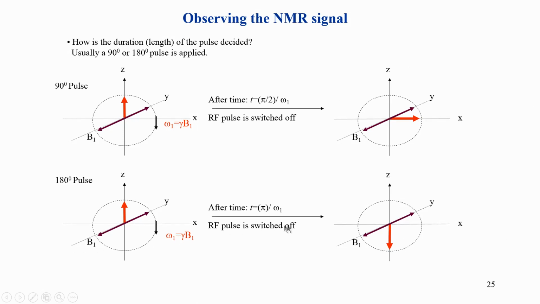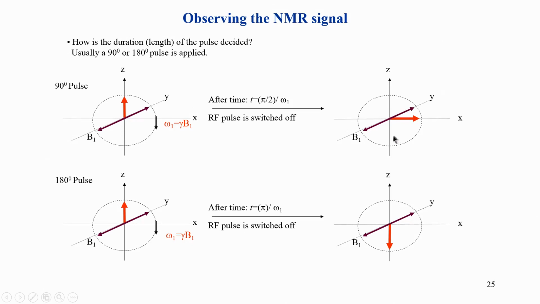If you switch off at this stage, the magnetization is now located at 180 degrees from the z axis, that is, the minus z axis. If you stop at that point, we say that we have applied a 180 degree pulse. This is a 90 degree pulse. We have applied the B1 as long as the magnetization has gone from the z axis to the x axis.